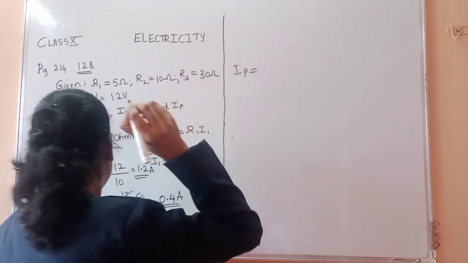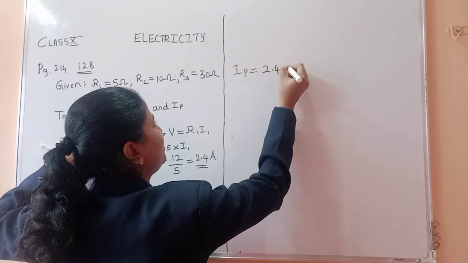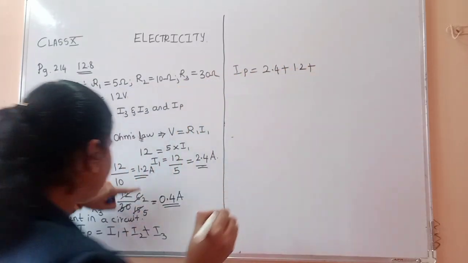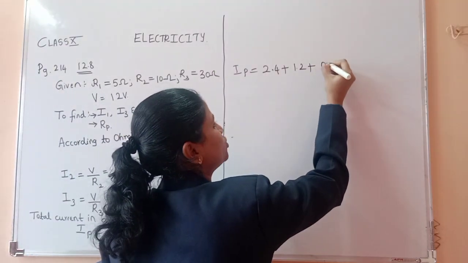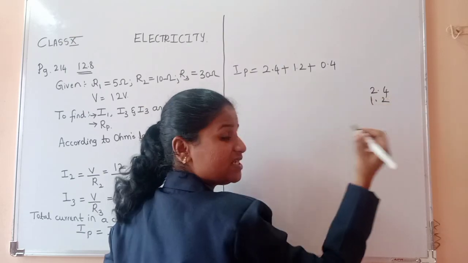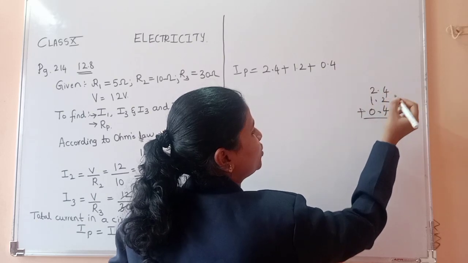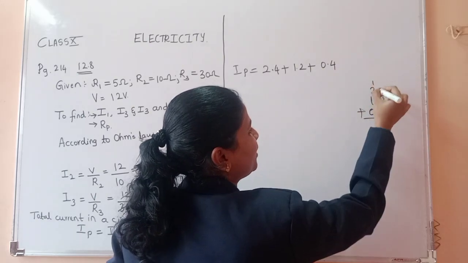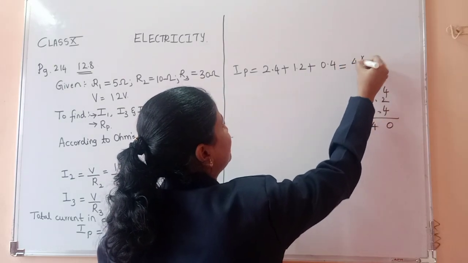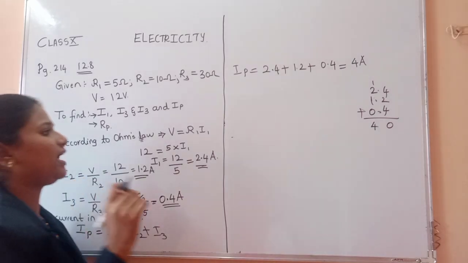I1 we got 2.4, I2 we got 1.2, then I3 we got 0.4. Since these are decimals, better do rough work, otherwise due to a silly mistake we will lose the mark. So 4 plus 2 is 6, 6 plus 4 is 10, 2 plus 2 is 4. So it will be 4 ampere. So the total current, let us cross check. Yes, it will be 4 ampere.